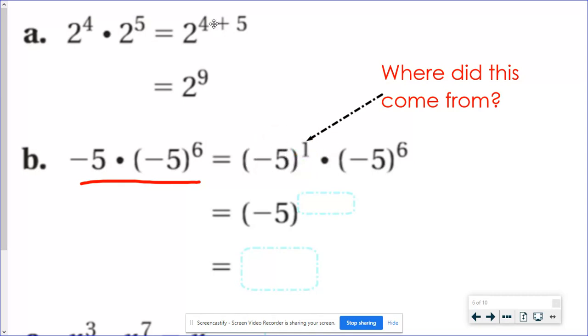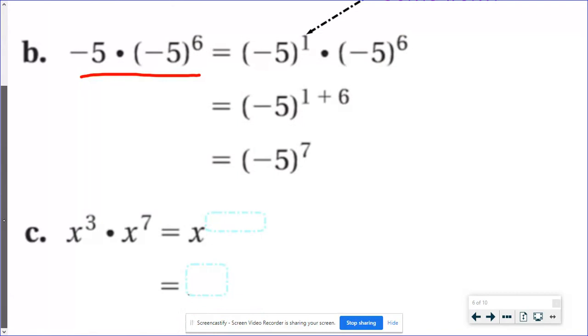Again, it's just like having a 1 for a coefficient in front of a variable. If you don't see a number, there's a 1 there. That helps me to see that I had 1 of those -5s, and then I have 6 more of them, which gives me -5 to the 7th power. Without seeing that 1 right there, a lot of people forget about that, and they just leave that as a -5 to the 6th power, so be careful with those.